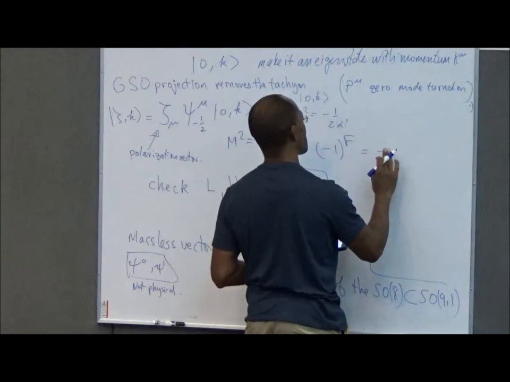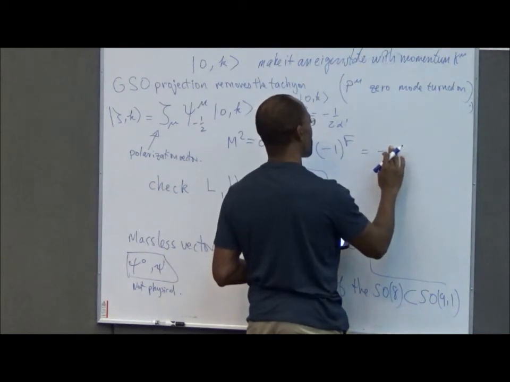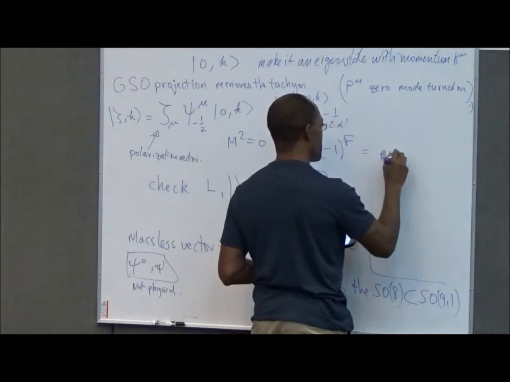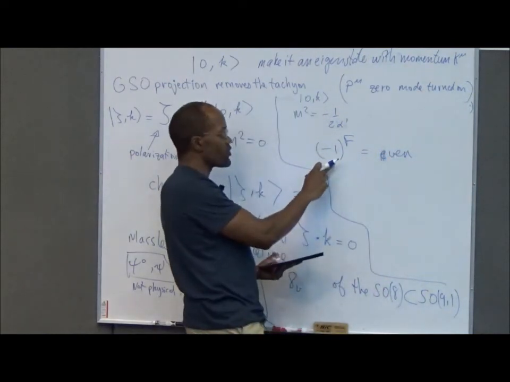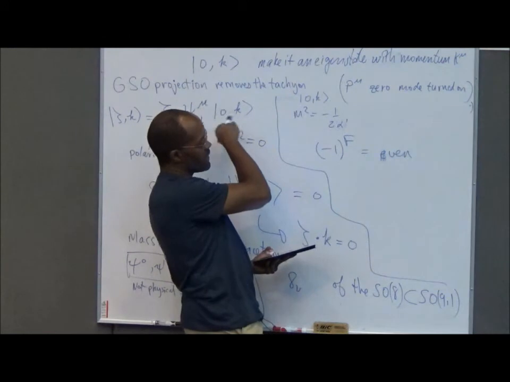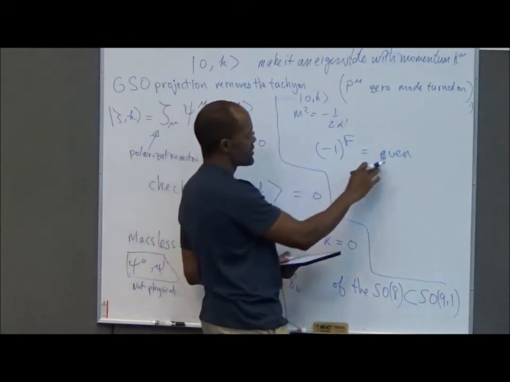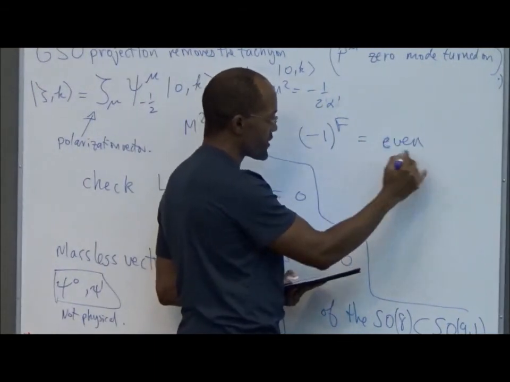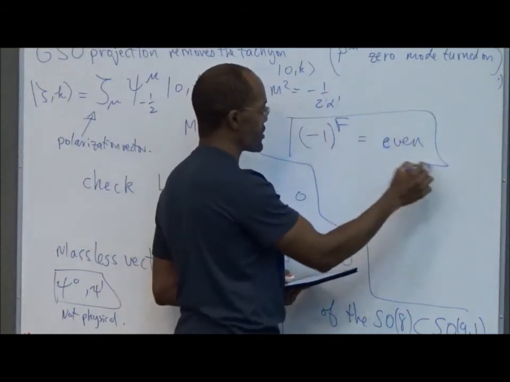plus 1. I basically count the number of fermions in my state and assign that to be even. That's the GSO projection.